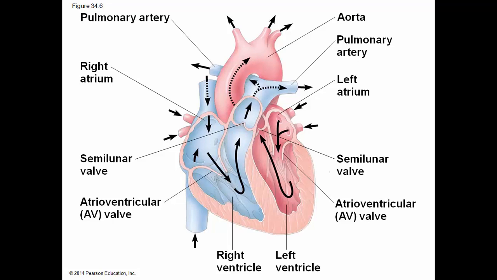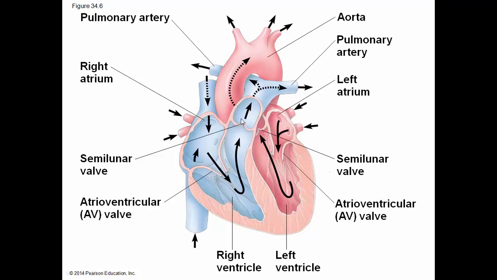The blood comes in here, the right ventricle contracts, and it pushes the blood through the pulmonary artery into the lungs, where it gets oxygenated, returns back to the heart, through the atrioventricular valve, and then it gets pumped up through the semilunar valve here at the top.